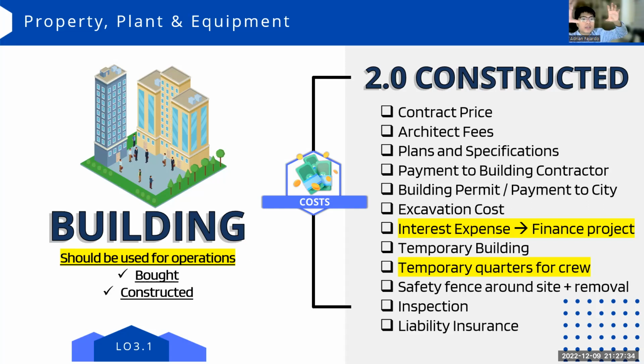Therefore, yung 100,000 will be split. 30,000 will be outright expense for the interest expense of the year. And then 70,000 will be capitalized to building, right? So others is like safety fence, temporary buildings, temporary quarters, and the like.